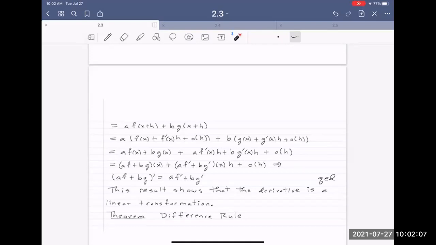And so we multiply a inside the parentheses, b inside the parentheses. So this is a times f of x plus b times g of x plus a times f prime of x times h plus b times g prime of x times h, plus a constant times little o of h plus another constant times little o of h, which is equal to little o of h.